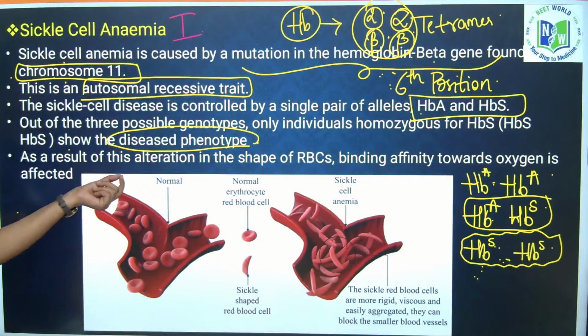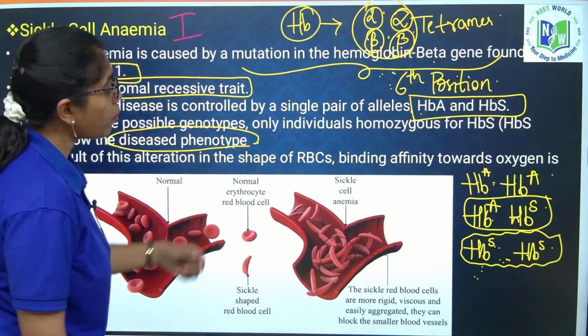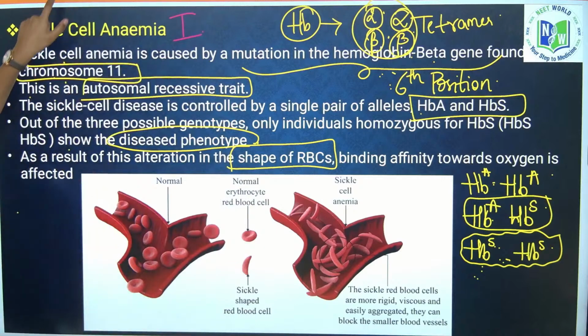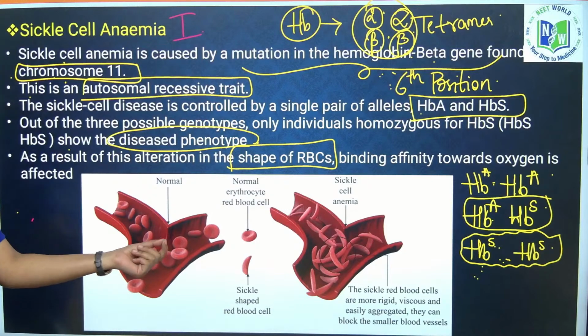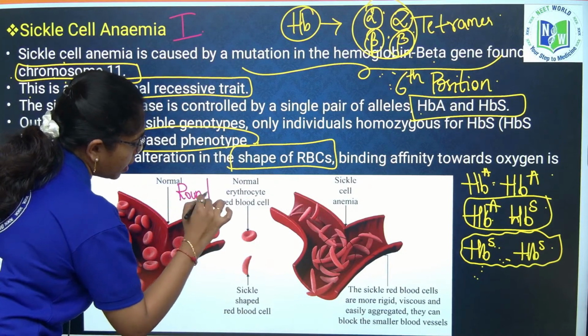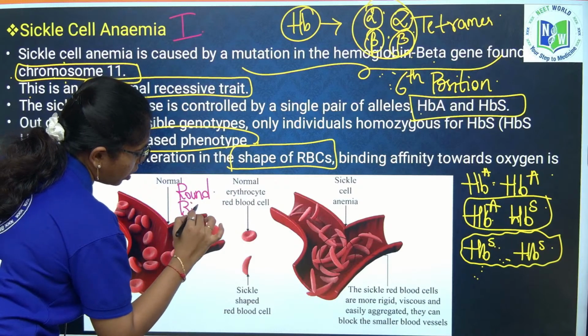As a result, there is an alteration in the shape of RBC. Okay, the normal shape of RBC is what, ma? We have read in Cell the Unit of Life, no? What is the normal shape of RBC? It is round and biconcave, right?